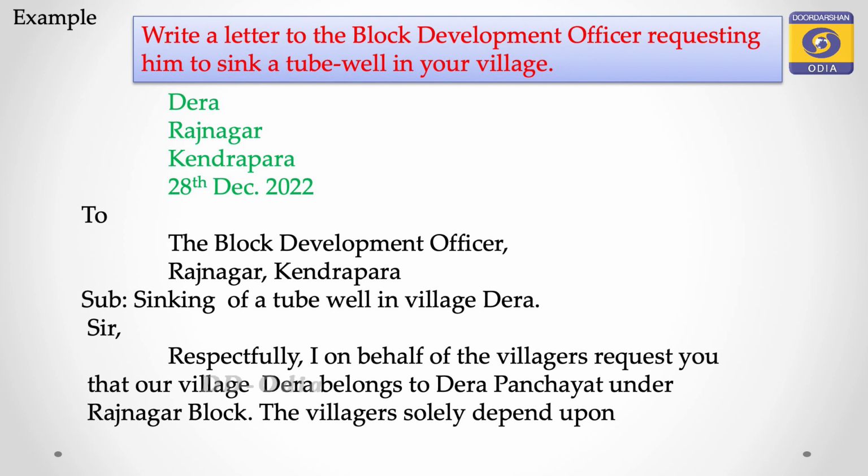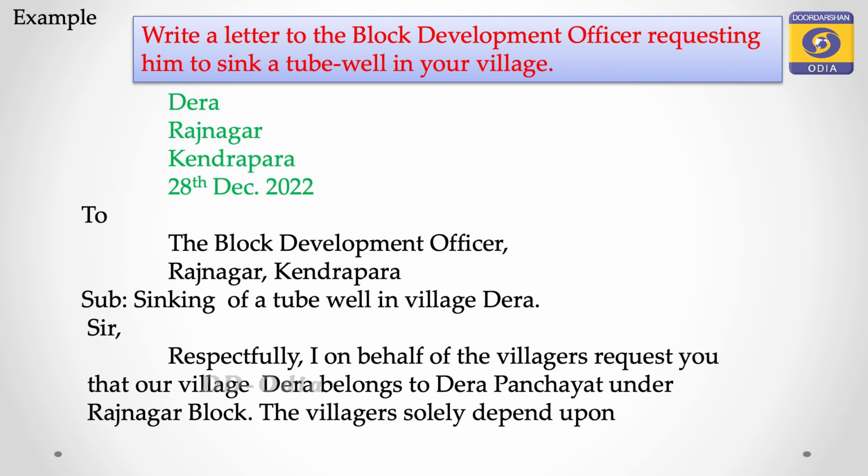Write a letter to the block development officer requesting him to sink a tube well in your village. Okay. You see, first of all, we have to write the sender's address. Okay. You see the address is here. What is the address you see? It is written Dera, then Rajnagar, then Kendrapara.